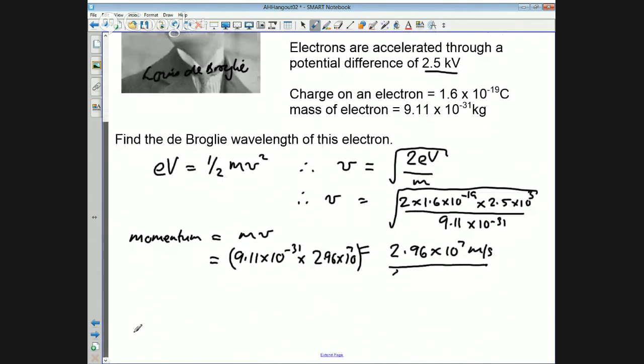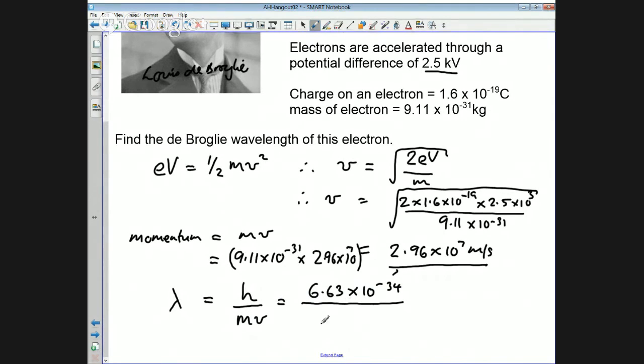So the wavelength of the electron is going to be equal to Planck's constant divided by the momentum. So we take Planck's constant, 6.63 times 10 to the minus 34 joule seconds, divided by the momentum, which we've worked out there, 9.11 times 10 to the minus 31 times 2.96 times 10 to the power 7.